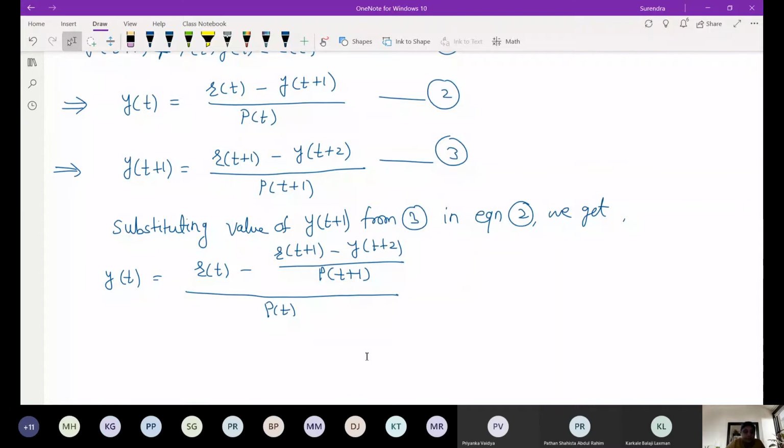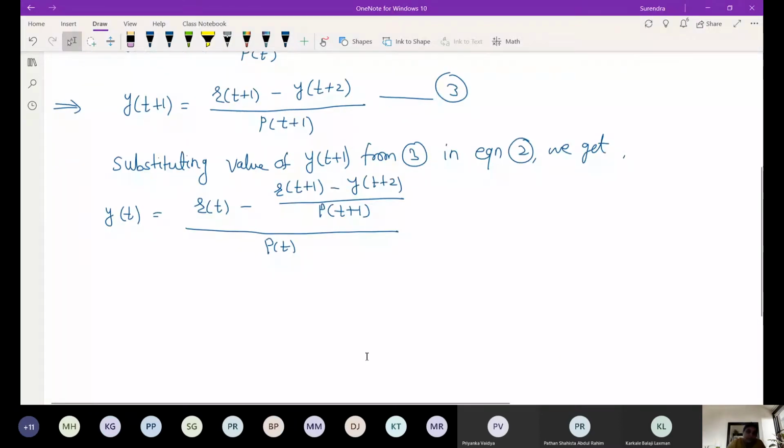Again I will find y at t plus 2. What is y at t plus 2 then?